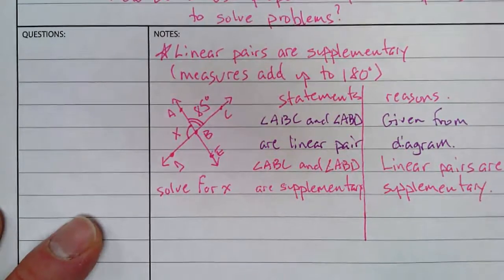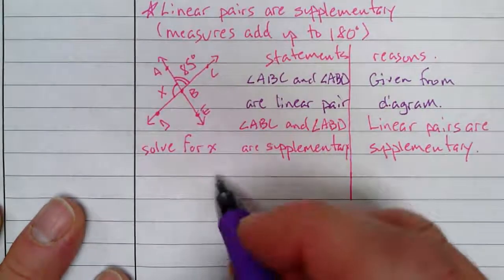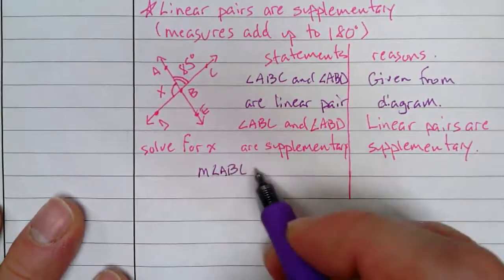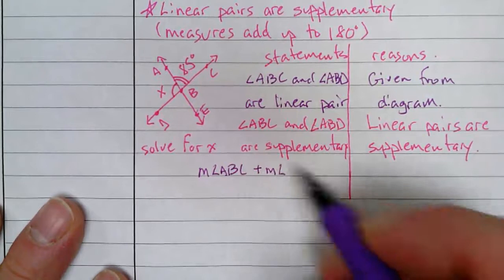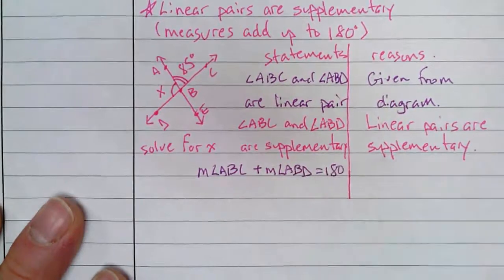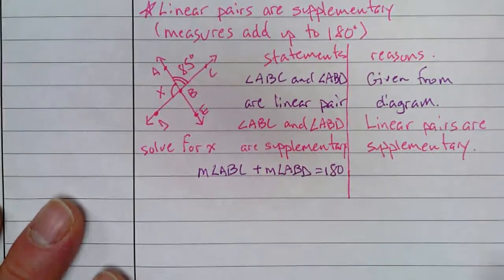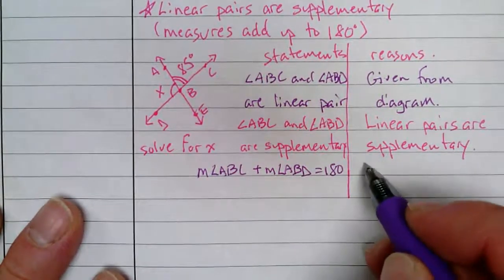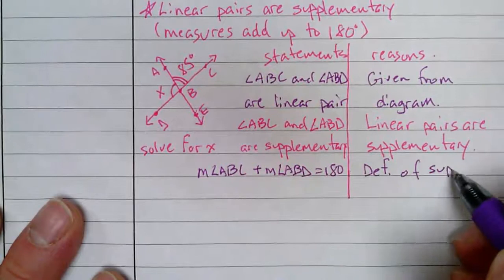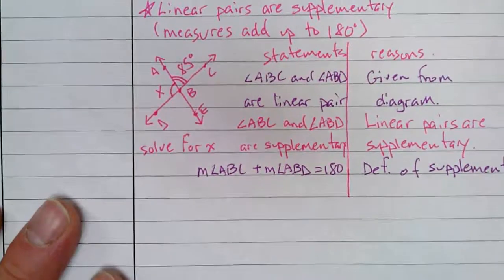So that means the measure of ABC plus the measure of ABD equals 180. The measure of the one angle plus the measure of the other angle equals 180. This is just what it means. It's the definition of supplementary.